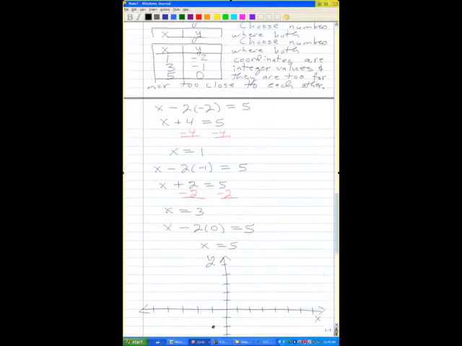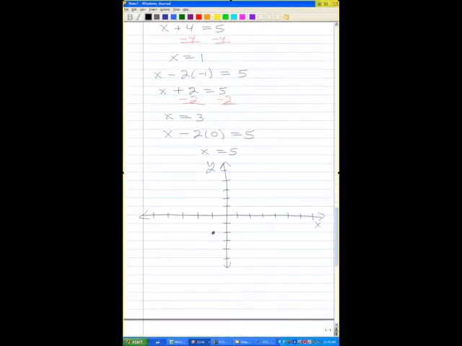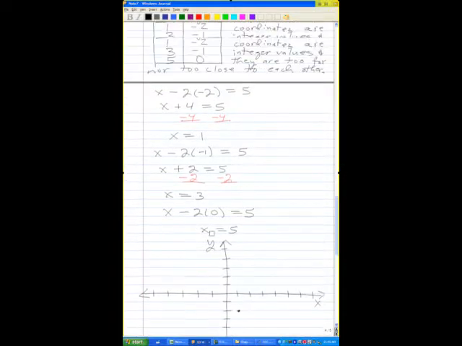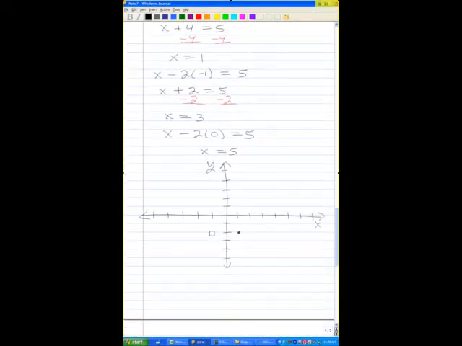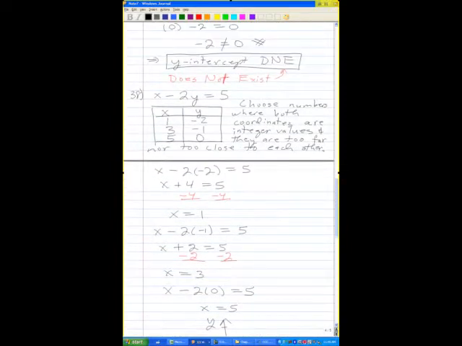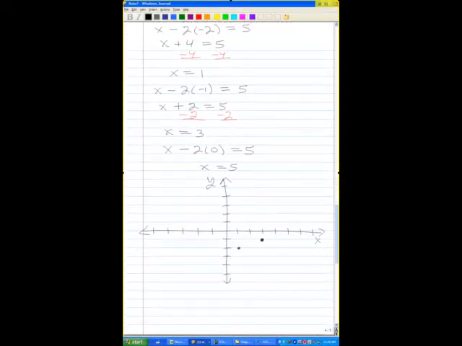Wait, did I put in the wrong point? (1, -2), (3, -1), and (5, 0).